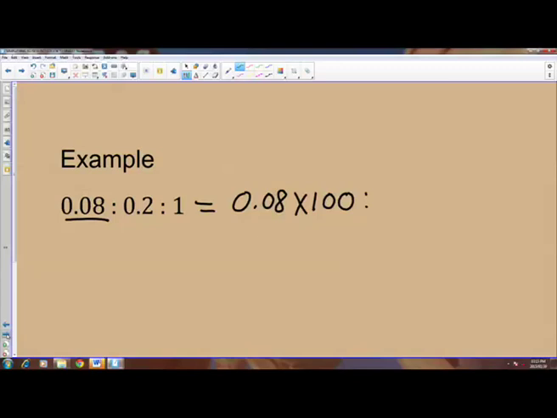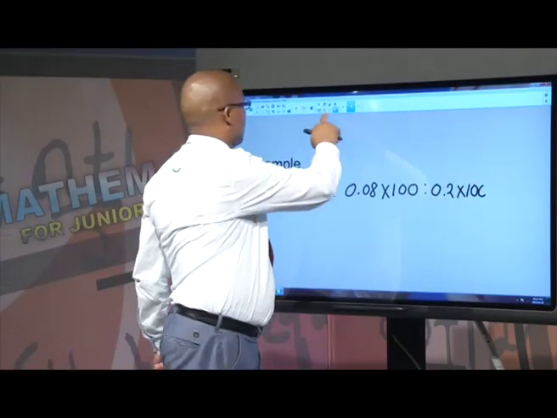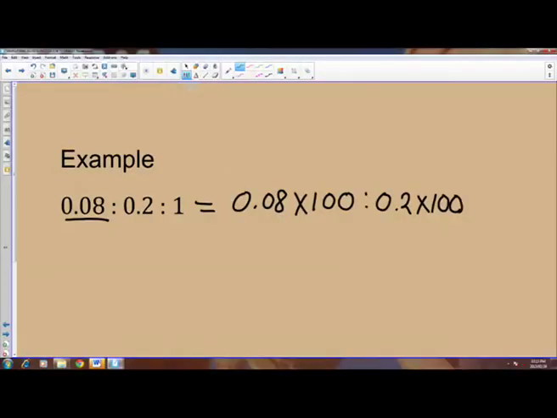So 0.08 times 100 is 8. 0.2 times 100 is 20.